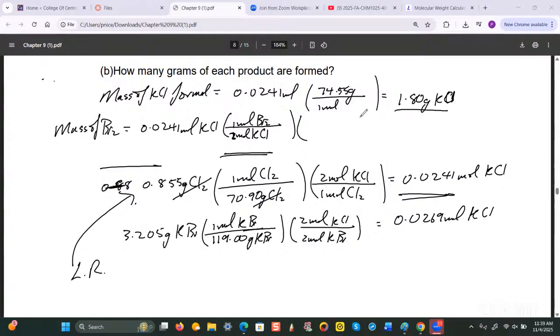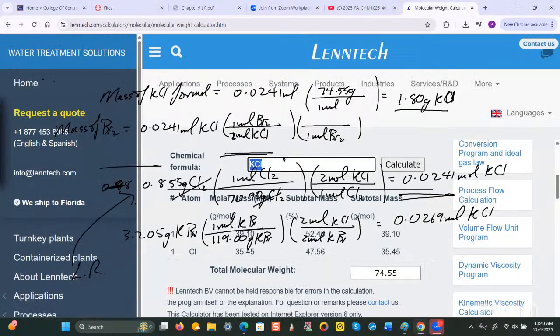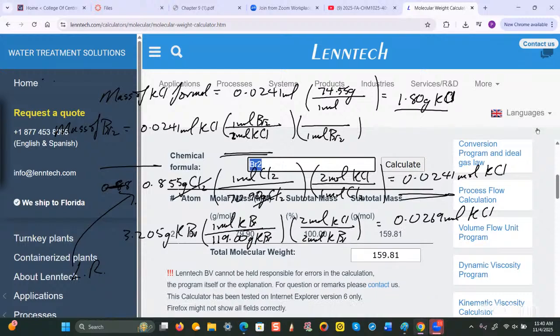And then the next conversion factor is where we use the molar mass of bromine to find the mass in grams. So I'm going to put 1 mole of bromine down here. And the molar mass of bromine, again, I'm feeling lazy. I'm just going to type in Br2, and that's 159.81 grams.